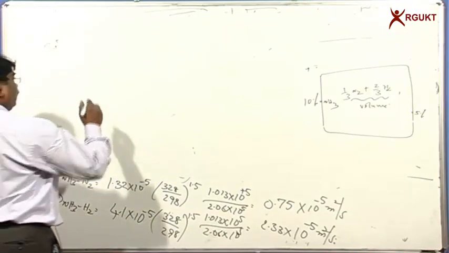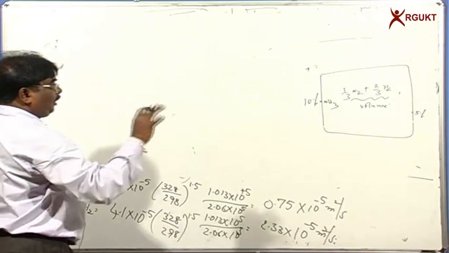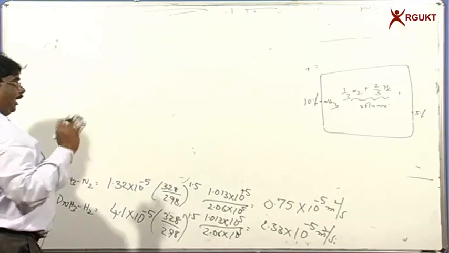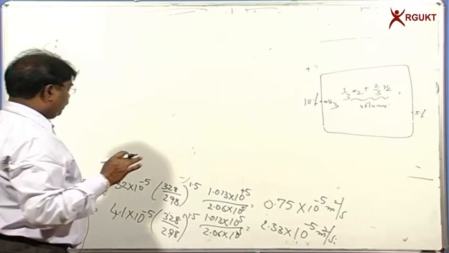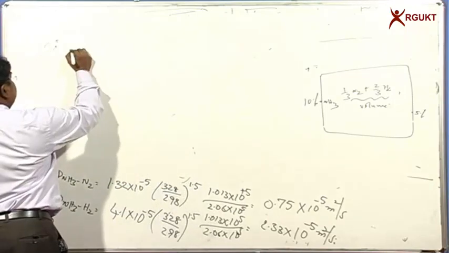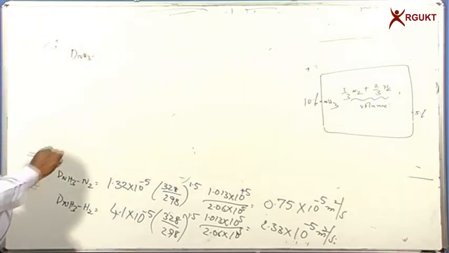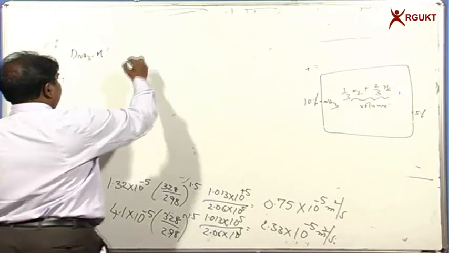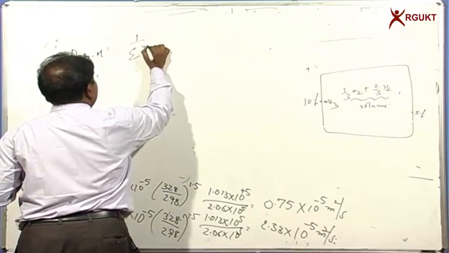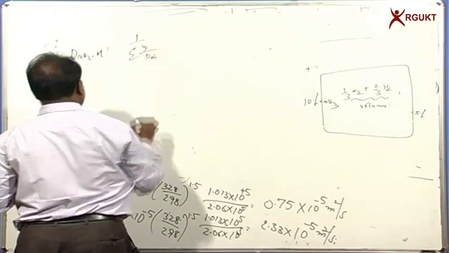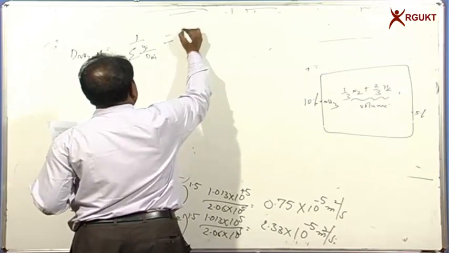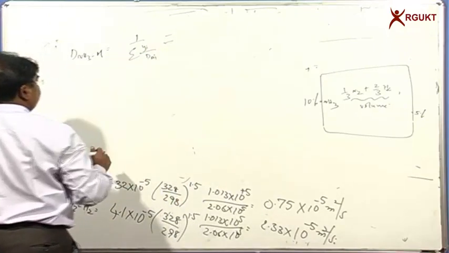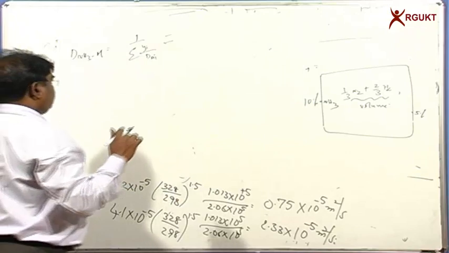Now ammonia is moving in the multi-component mixture of nitrogen and hydrogen, where nitrogen and hydrogen are not moving, and already we have derived the expression for the diffusion coefficient of ammonia in a multi-component mixture: 1 by D_Am is equal to sigma of y_i by D_Ai, where i is equal to B to N. We are not going to take A into consideration.